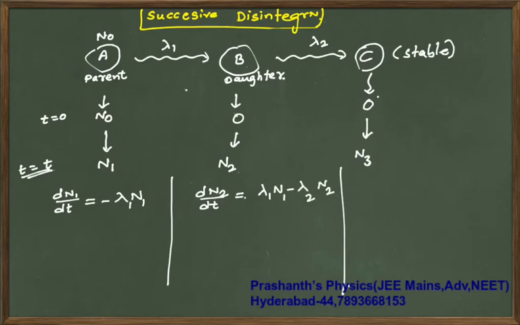Formation is there, and decay is there; because of decay, minus lambda 2 n2. So the net change in n2 is the rate of formation minus the rate of decay.